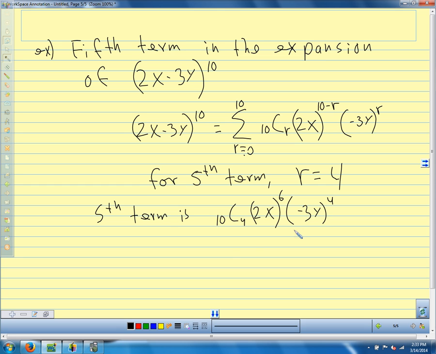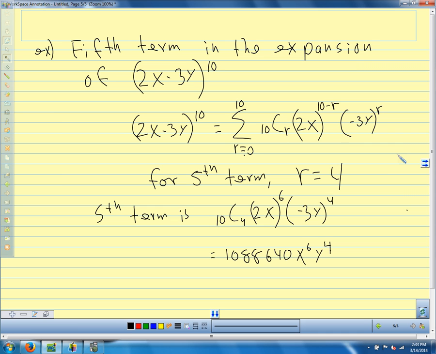I end up with 1,088,640 x to the 6th y to the 4th. So that would be the 5th term in that expansion. And I would hate to have to multiply these parentheses together 10 times to get that term. All right, questions there?